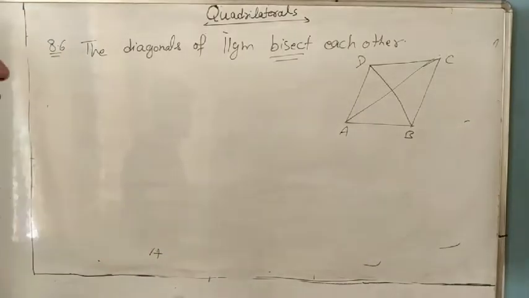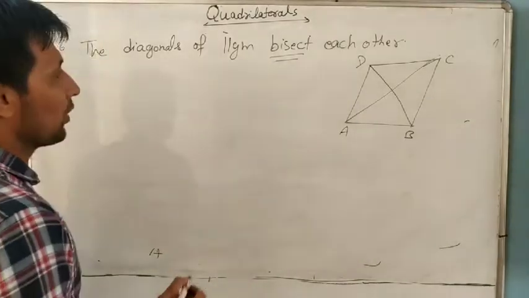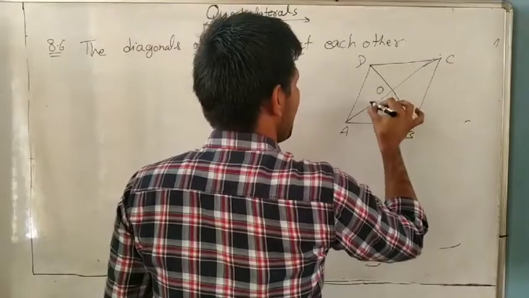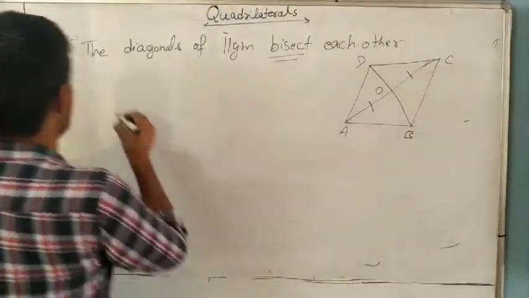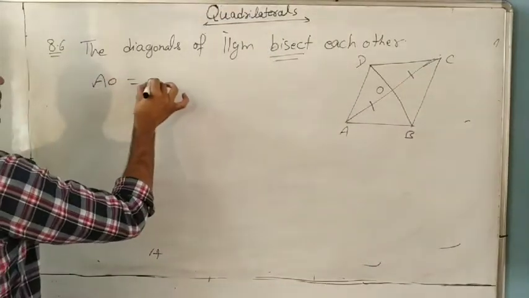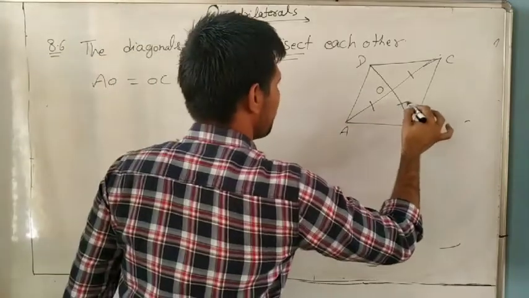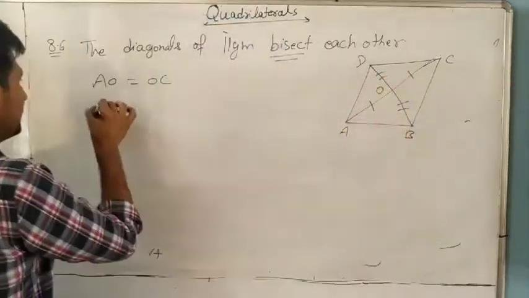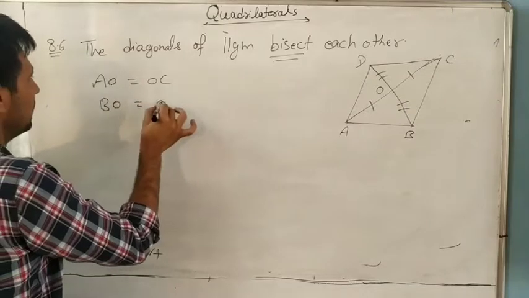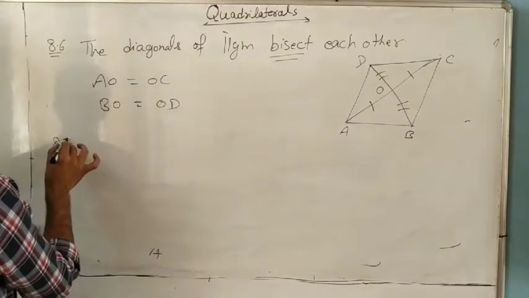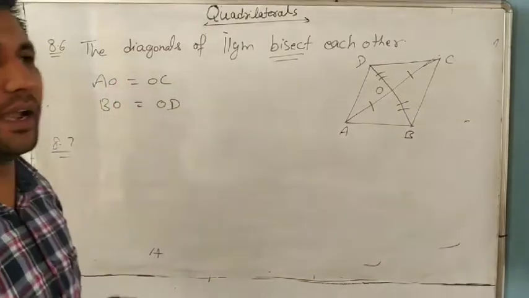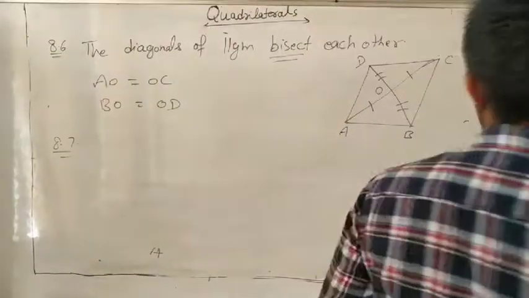Understand or not? Always remember the diagonals intersect at O. It means AO equals OC, and second, BO equals OD. It is theorem 8.6.